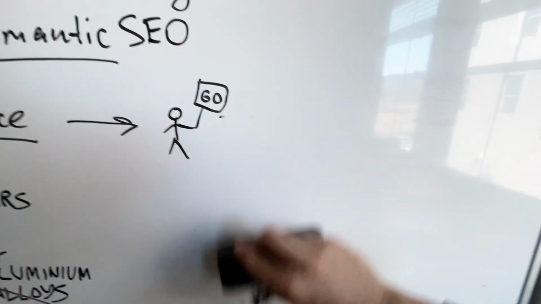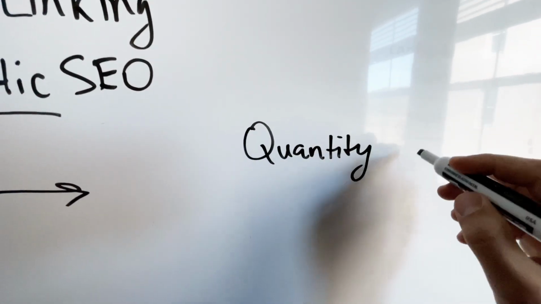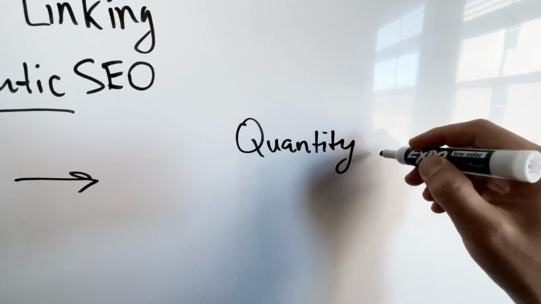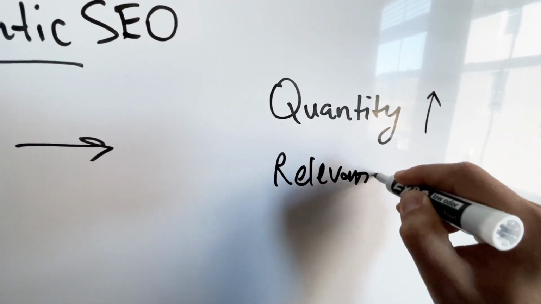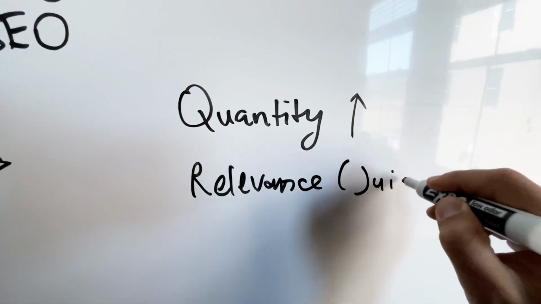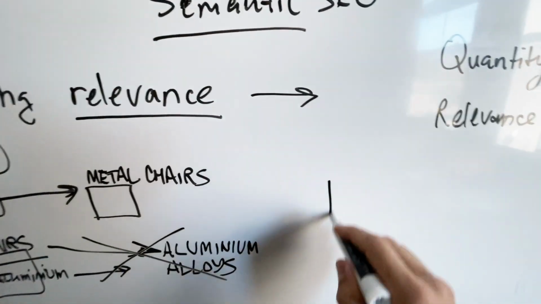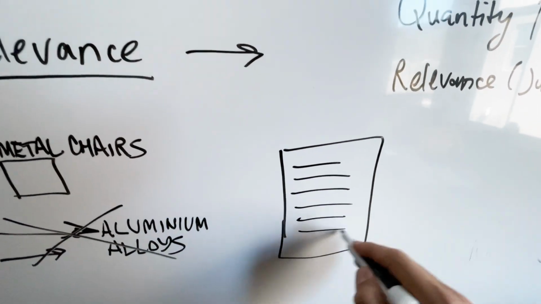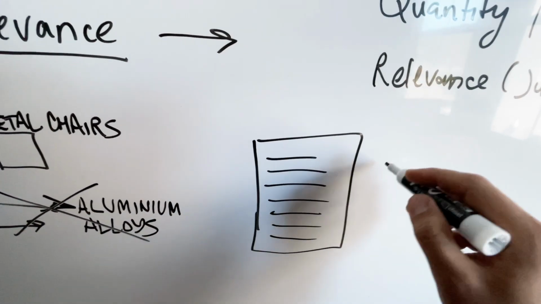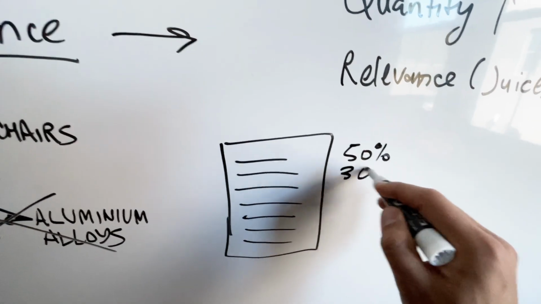Another thing which is also important is about quantity of links, because the more links you have, the less relevance, or I would say link juice you have. And if you have an article, again, that has 10 different links, the distribution would be like 50% for the first link, and then like 30 for a second link.